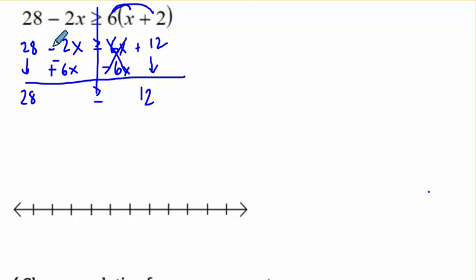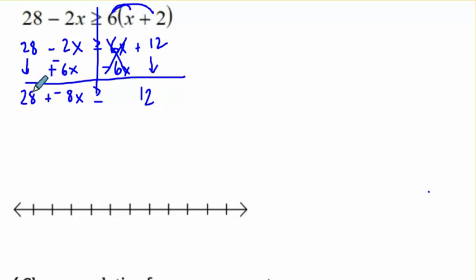And so now I have a negative 2x plus a negative 6x. So the signs are the same, negative and negative. I add them and I get negative 8x. So this is my inequality now. 28 plus negative 8x is greater than or equal to 12.